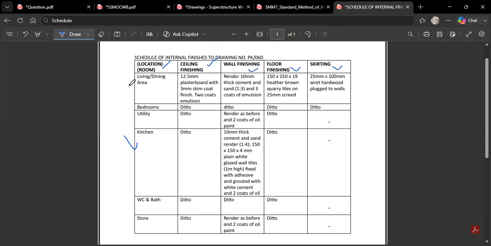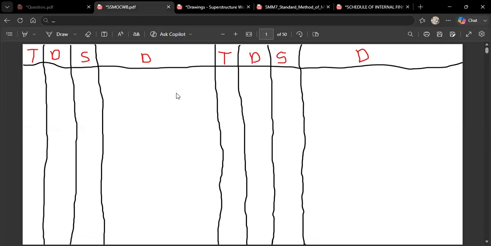And even in the living area, for the ceiling finishing, you have 4.5 mm plasterboard, 3 mm coated finish, 2 coat emulsion. So you see that the finishing for the living area has a specification written for it. So that is how it is. So let's just move to our take-off sheet and then let's see.